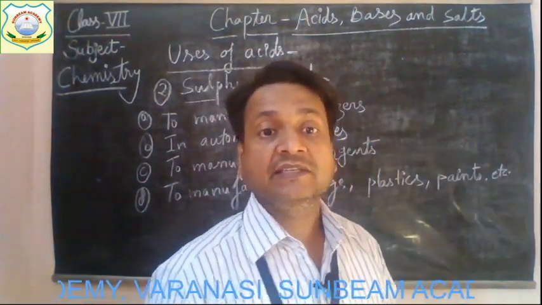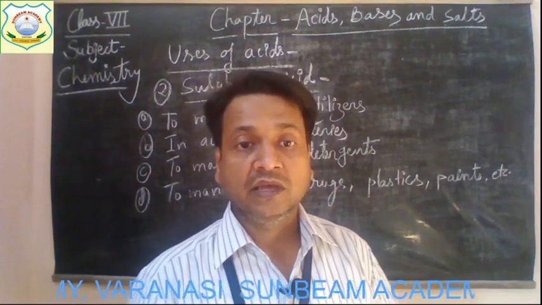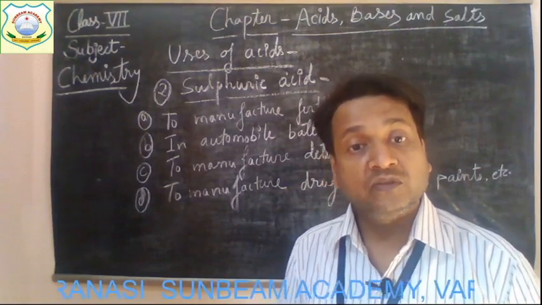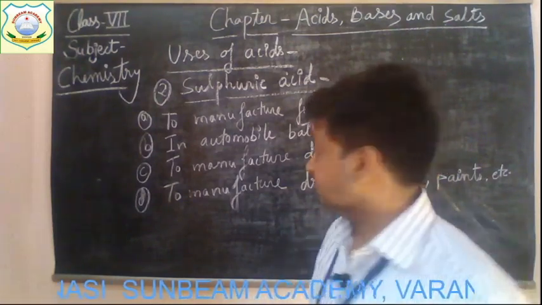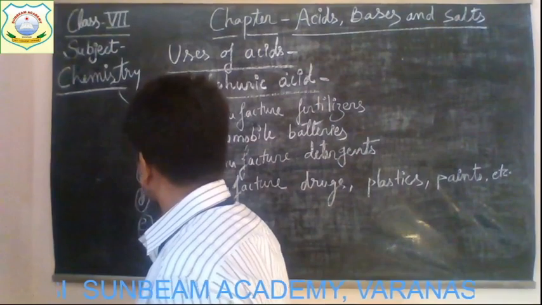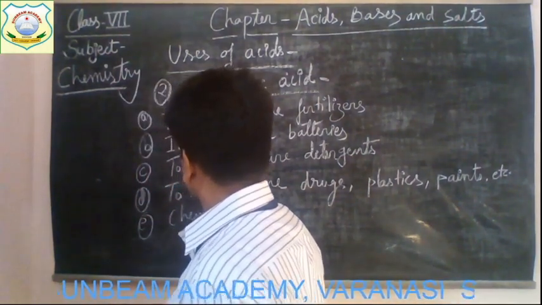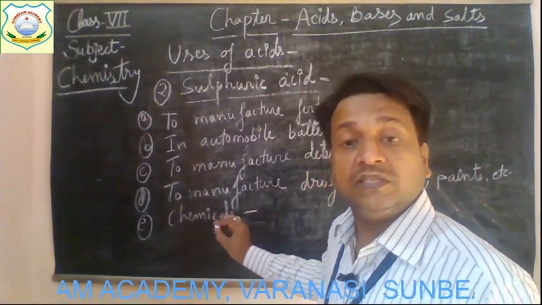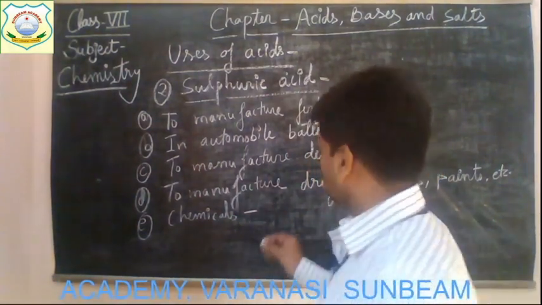And the next use of sulfuric acid is to manufacture several chemicals like copper sulfate and Epsom salt.